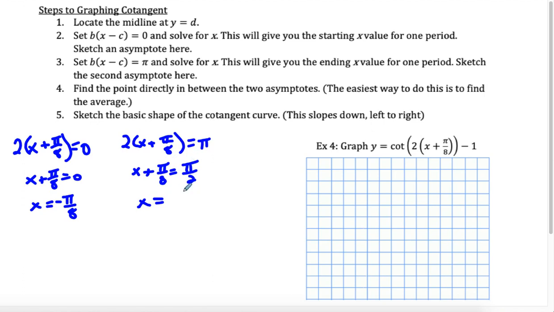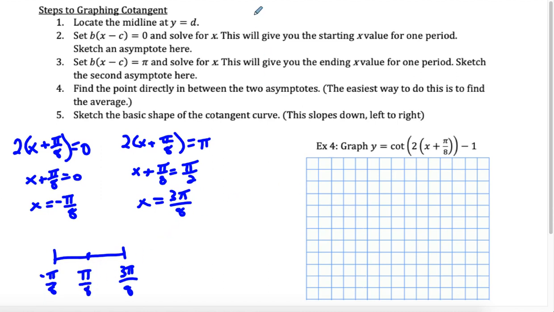So pi over 2, if I convert that to eighths, would be 4 pi over 8 minus 1 pi over 8, which is 3 pi over 8. So those are my starting and ending values. Those are my asymptotes. To find where this period will cross the midline, find the average. That's going to be pi over 8.